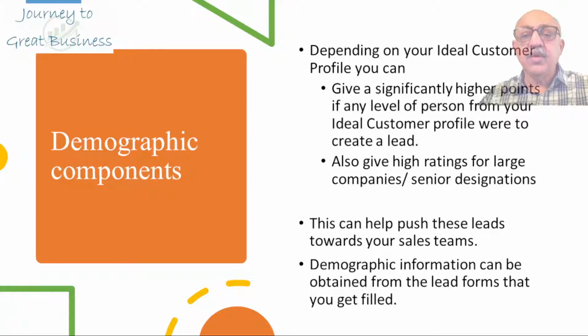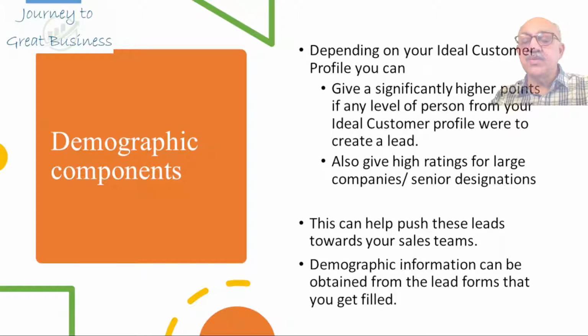Your customer profile can change this whole lead scoring in a different way. So many times we have inquiries from our ideal customer. If the ideal customer is giving an inquiry, even if a purchase manager is giving the inquiry from an ideal customer, instead of giving him 4 rating points, we can give him 7 or 8 rating points, depending on how much of an ideal fit he is for us.